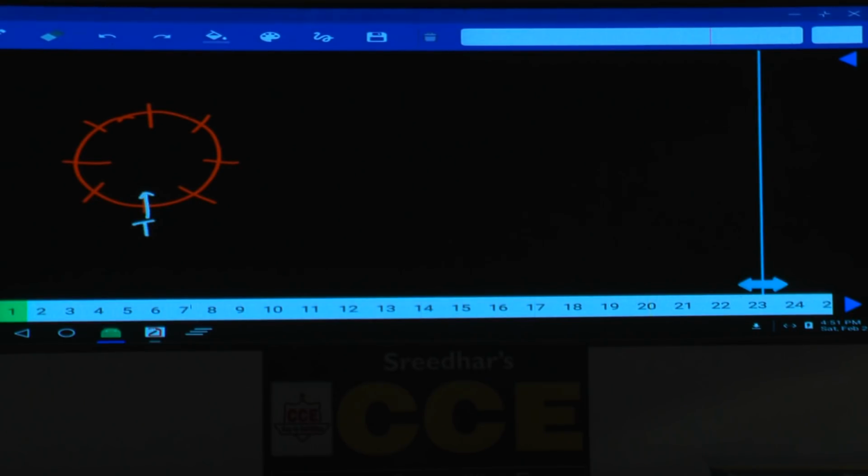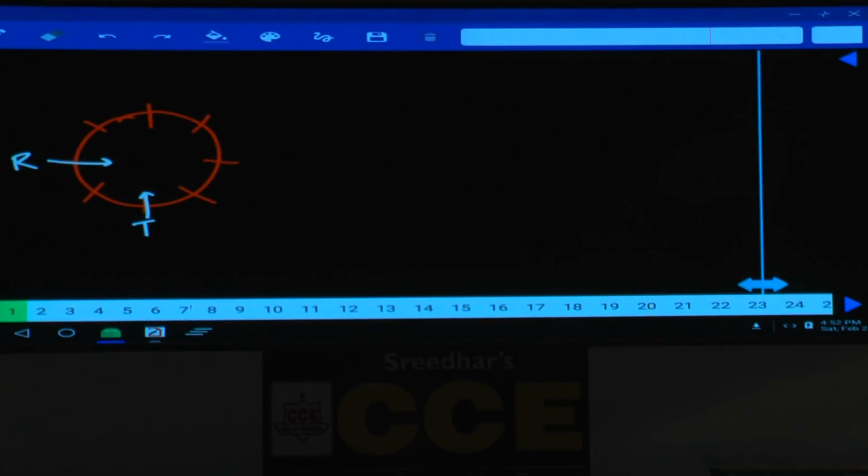Now I am fixing this T at this place. T faces the center is clearly given, and T sits second to the right of R. As T is seated second to the right of R, tell me how many different possibilities. If R is here, T sits second to the right of R, this R will be facing towards the center, isn't it? Then what is the second possibility we have?